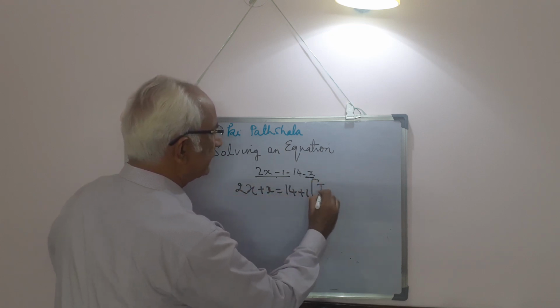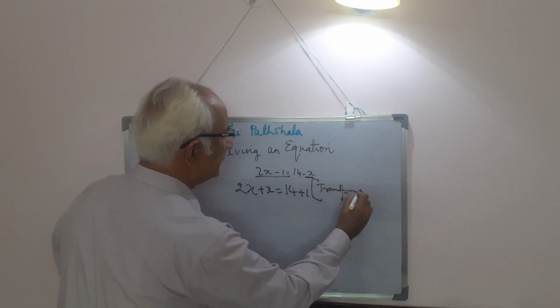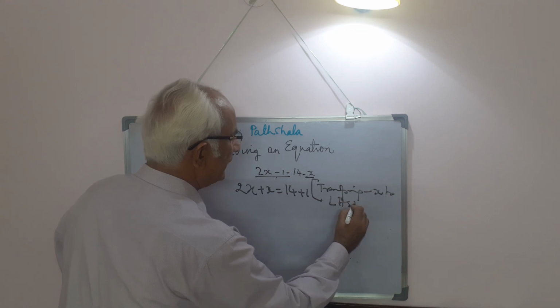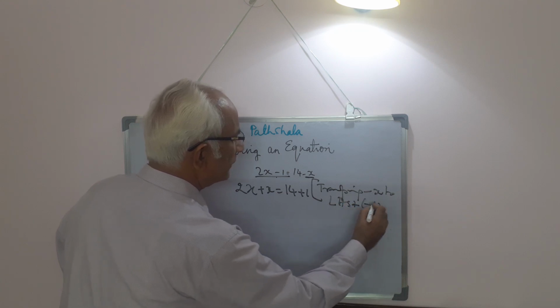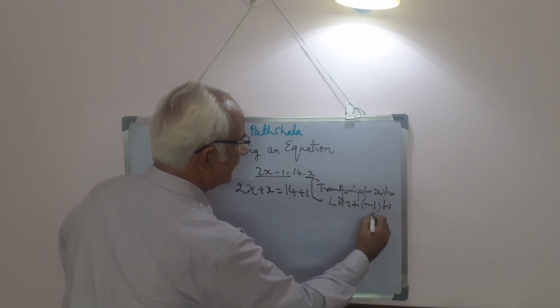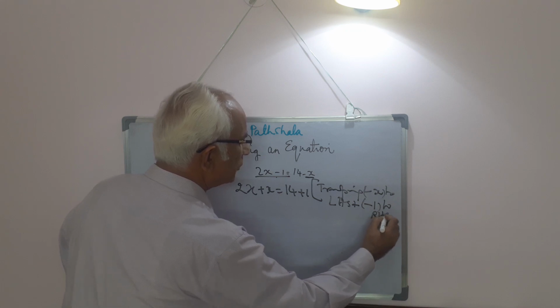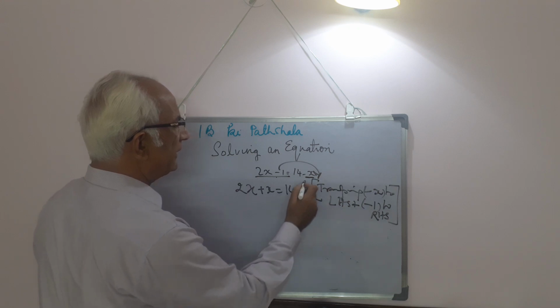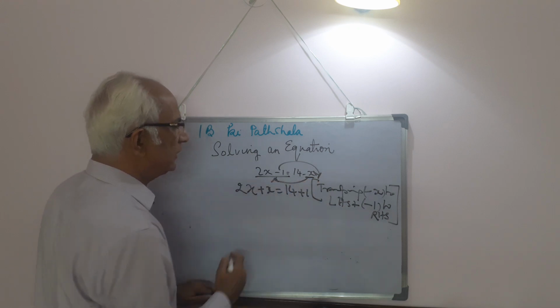What do we write? Transposing minus x to left hand side and minus 1 to right hand side. We have done both transpositions in one step. This has been shifted to the right hand side and this has been shifted to the left hand side.